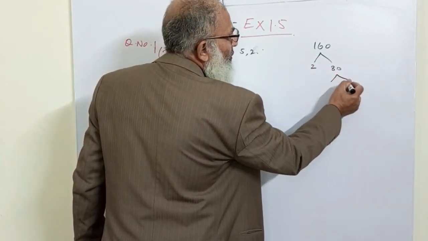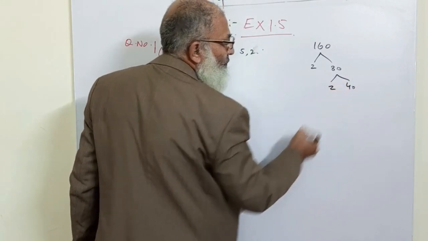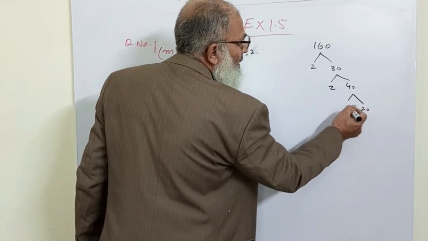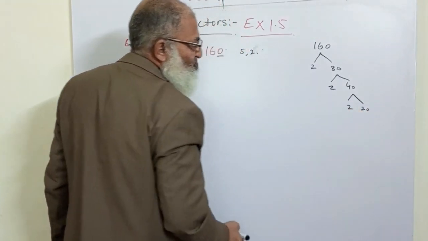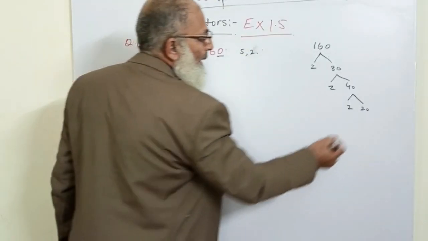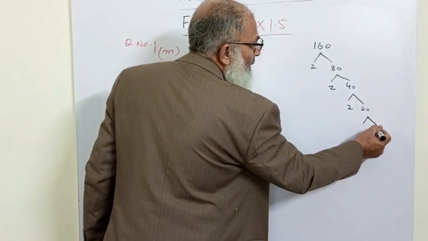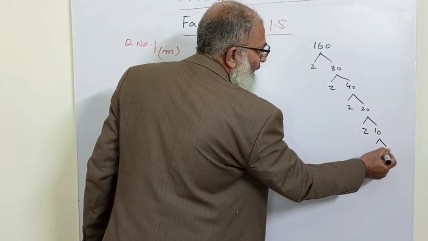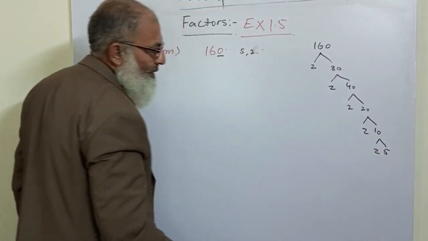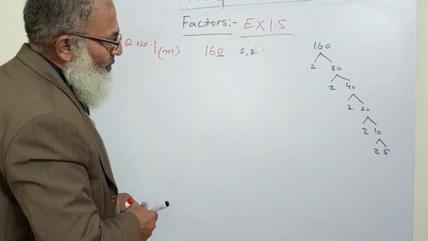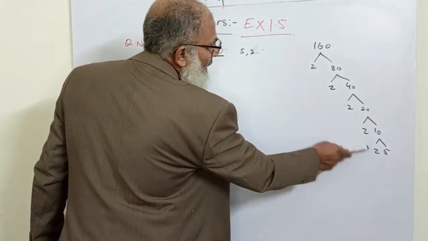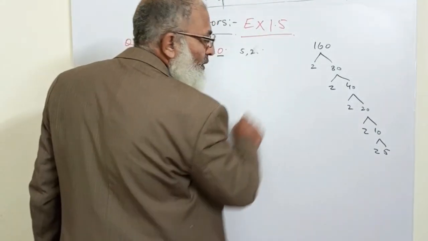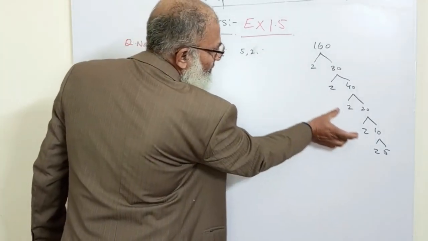Now again 40, 2, and again 20, 2, and again 10, 2, and again 5, 2. So I have got a list of long 2s. I can also get factors from this as well.